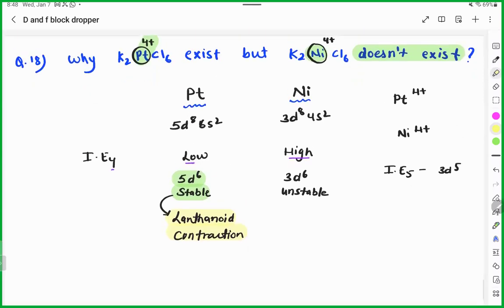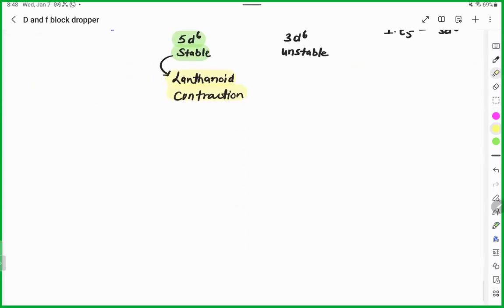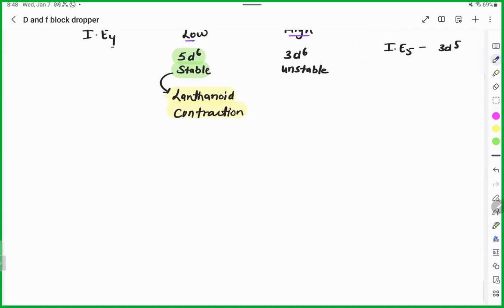But when we see oxidation states, we focus mostly on the solid condition. Barinder, if you have solution state, what are the factors that decide the stability?